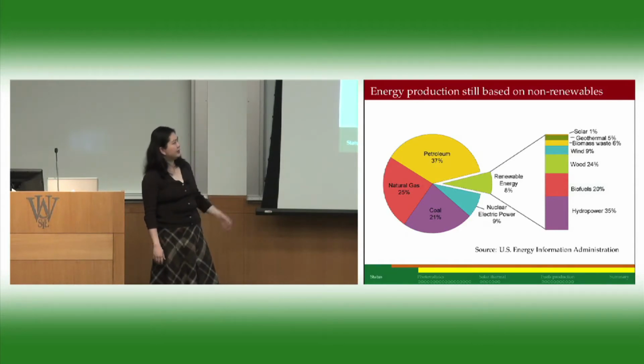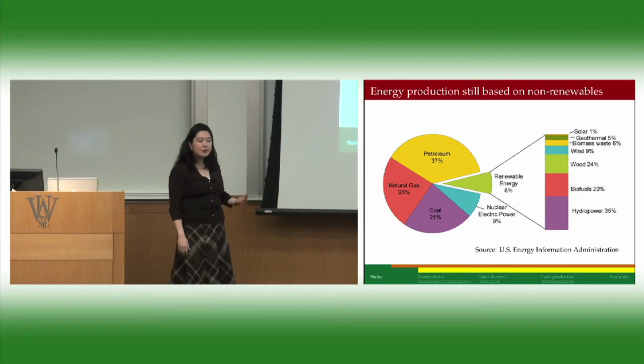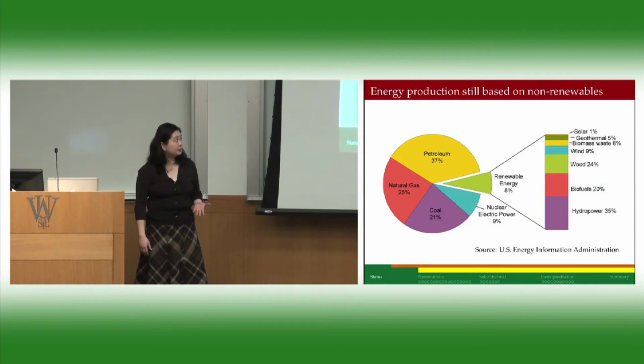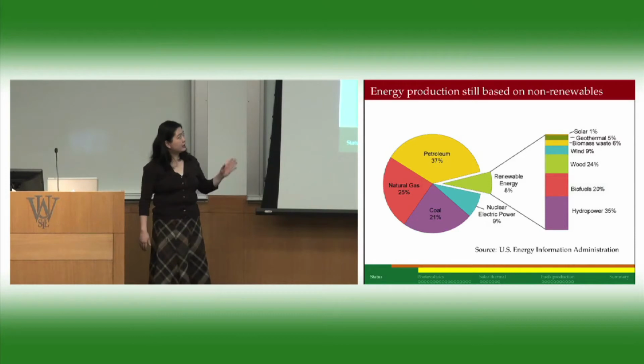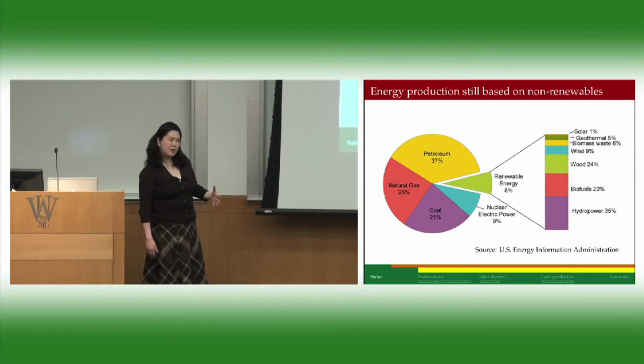Renewable energy in the form of hydropower, biofuels, wood, wind, solar, and geothermal makes up only about 8% of this portfolio. As our energy needs grow, we would probably need to invest more in these renewable sources. But right now, the amount being used is very small, and solar is probably less than 1%.